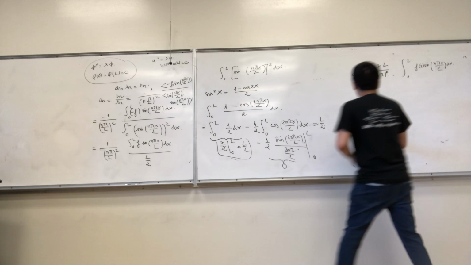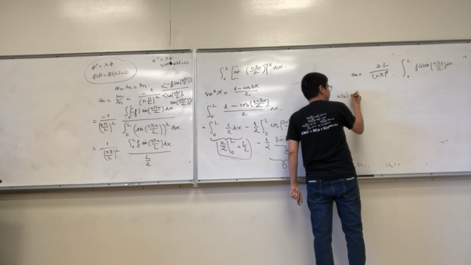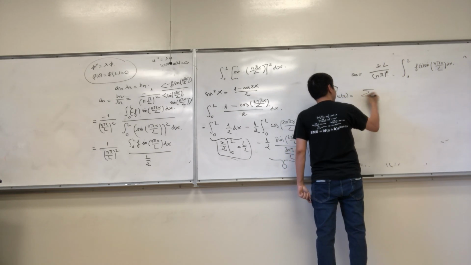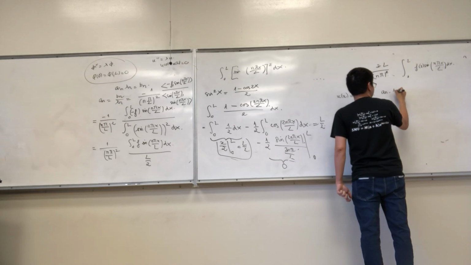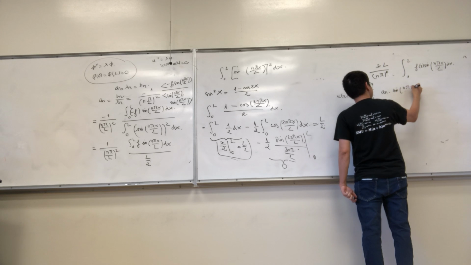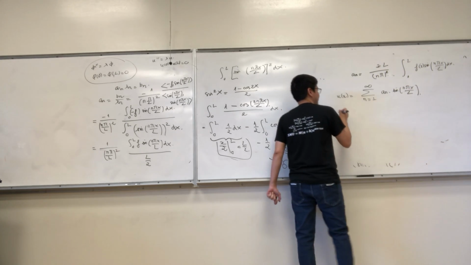Right? So then the solution will be the sum when n is going from 1 to infinity of an times sine of n pi x over L. And you can express it this way.